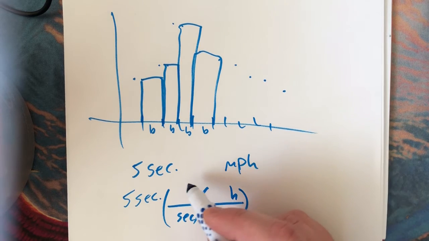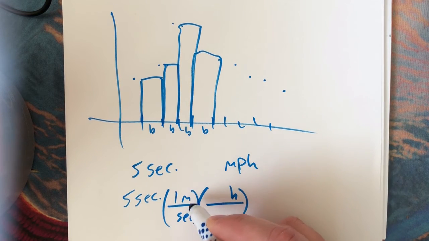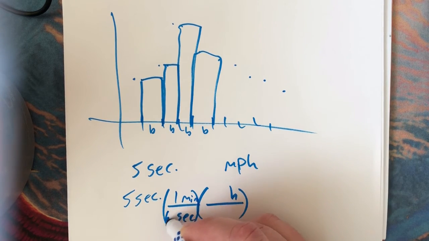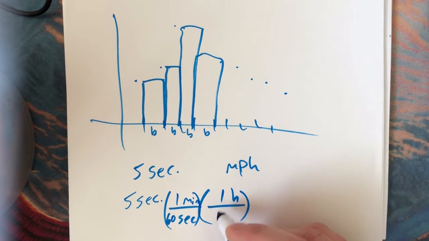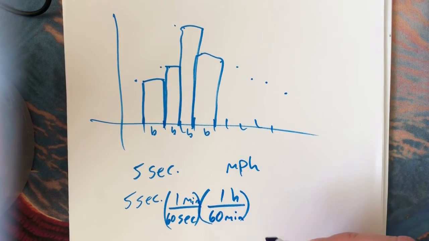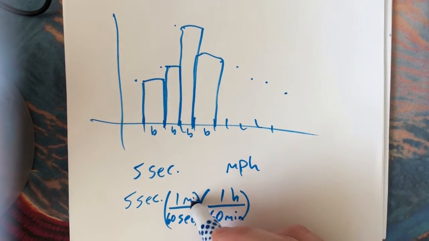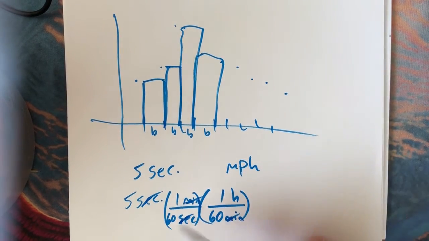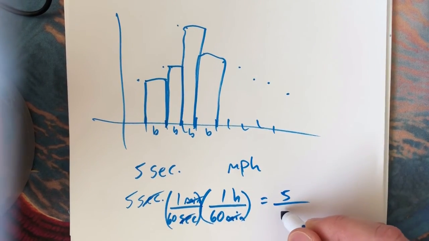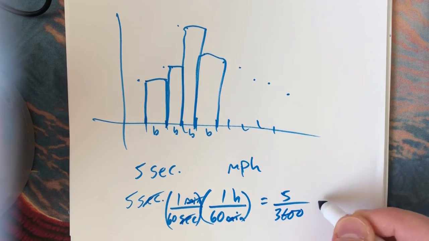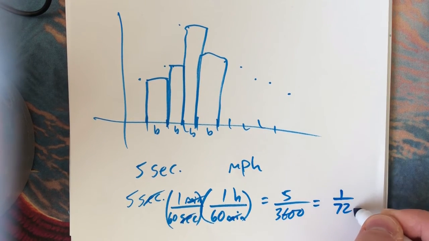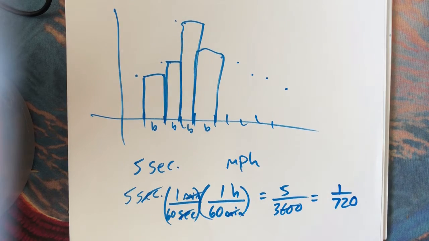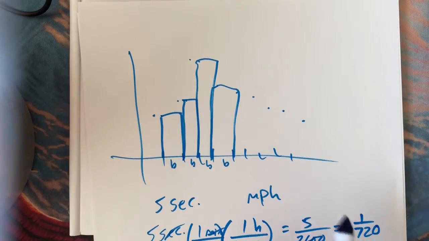So I know in 1 minute there's 60 seconds, and then in 1 hour there's 60 minutes. It's called dimensional analysis. Cancel, cancel, cancel. So if I do 5 divided by 3600, that's 1 over 720. Okay, so 5 seconds is 1/720th of an hour, and that is going to be the base of all of our rectangles.